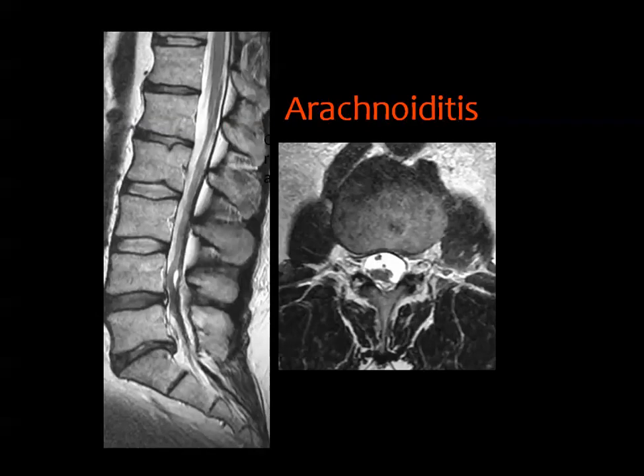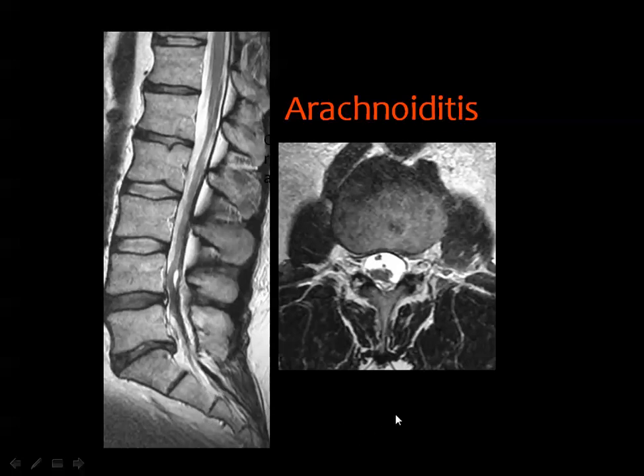And this is a case of arachnoiditis, and I should remind you not to diagnose arachnoiditis in the sagittal images, because the patient is lying on his back and the nerve roots are usually collected together in the posterior aspect of the thecal sac, and you cannot discriminate in many cases the difference between normal nerve roots and nerve roots secondary to arachnoiditis.